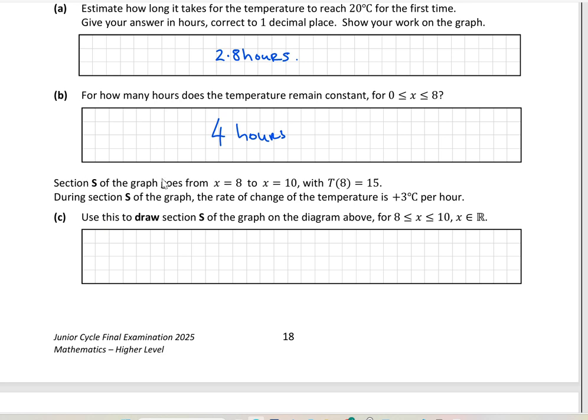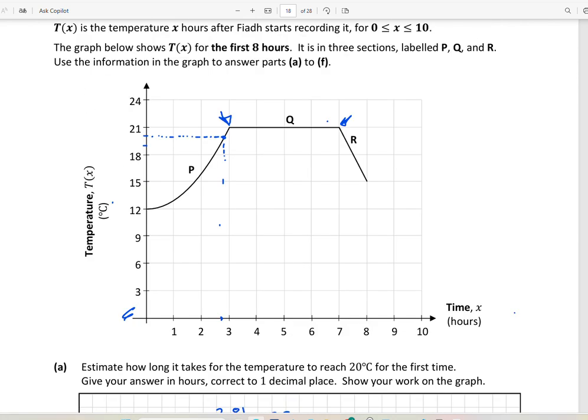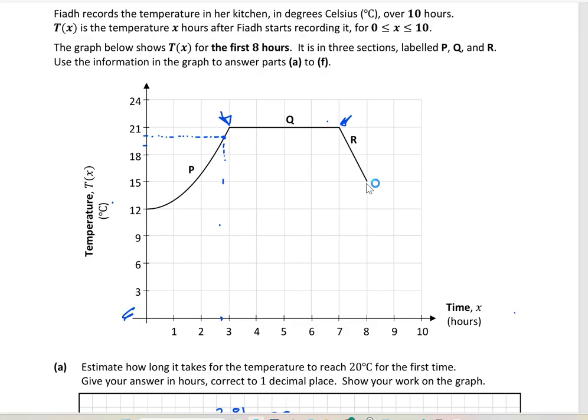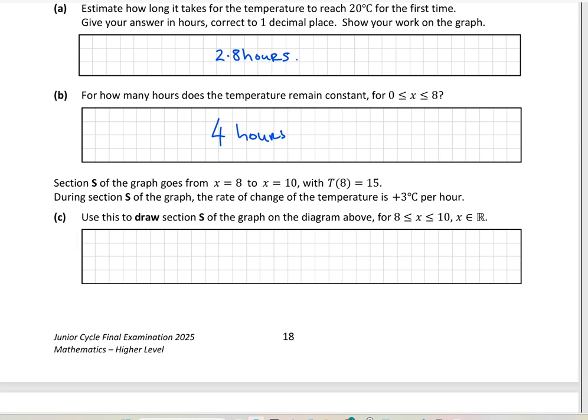Section S of the graph goes from x equals 8 to 10. That's the part of the graph that isn't drawn, where T of 8 is equal to 15. So that's that point there. Then what do they want to say after that?